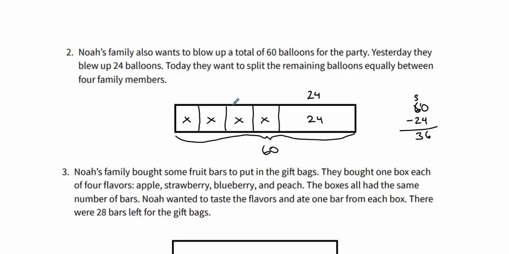So this amount right here altogether is 36, because 36 plus 24 is 60. So if we take this 36 and divide it into 4 equal parts, 36 divided by 4 is equal to 9. So that means that each family member got 9 balloons.